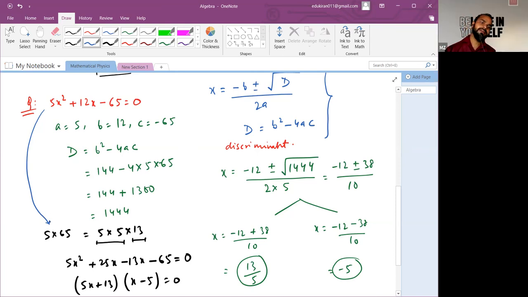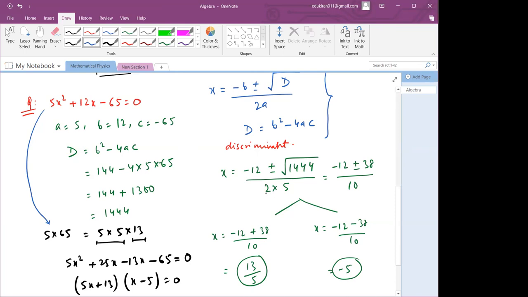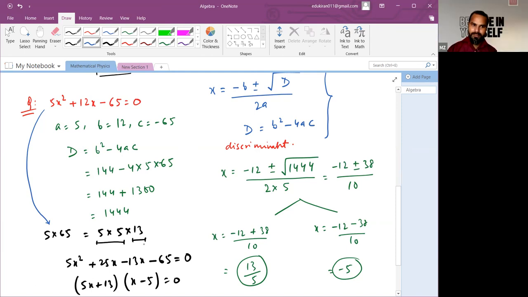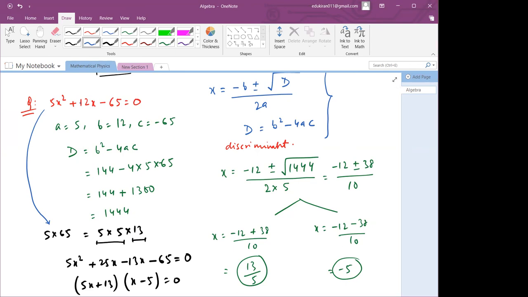Which method? The one you wrote in black. This is the middle term splitting method, in which I have taken the product of the first term and last term and then defined its factors, which equal the middle term, that is 12. Sir, I'm asking if you can solve it again. I want to check from the beginning, please.